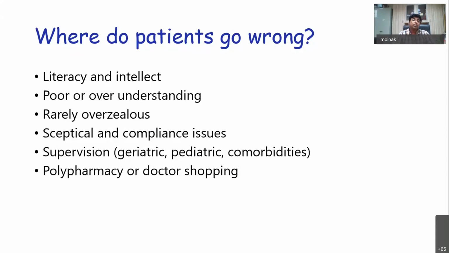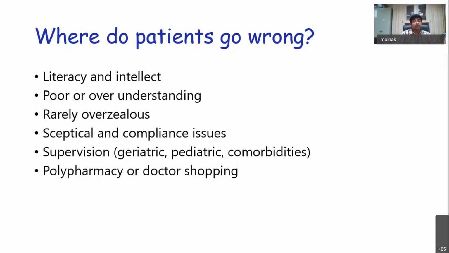Poor understanding or over understanding. Over understanding becomes a major issue. Many times patients understand more than necessary, and they are not concentrating on what you are telling them. Some are overzealous, so we have patients who take drugs unnecessarily because they think adding 2 or 3 more drugs will put them in better shape.